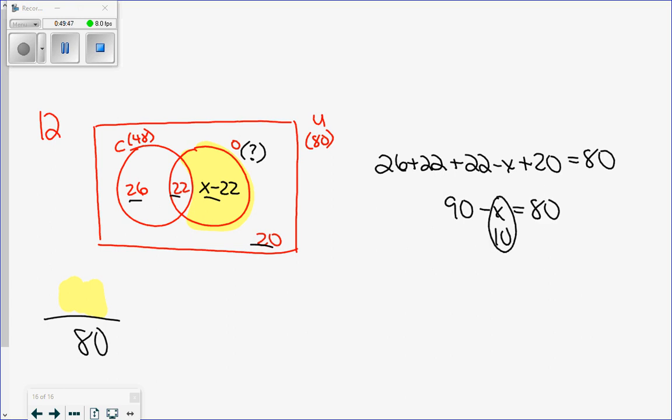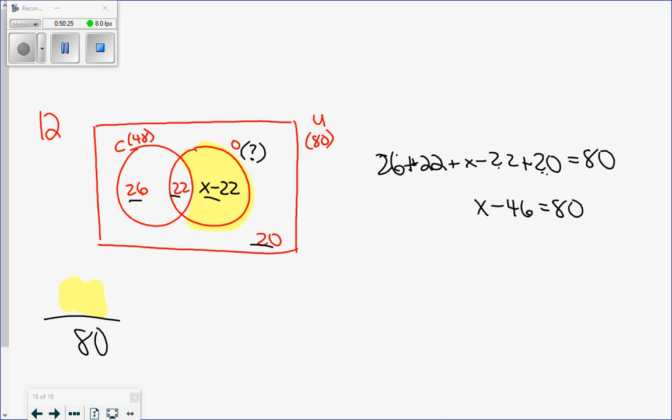Oh, okay, I added up wrong. So 26 plus 22 is 48. 58, 68. 68 minus 22 is 46 equals 80, right? Oh, that's not going to work either.